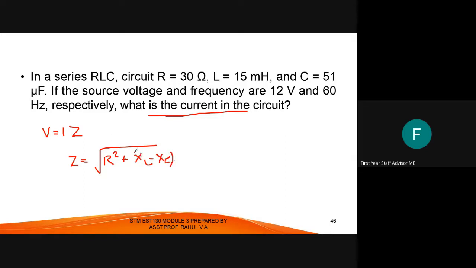ഇനി ആരെങ്കിലും ചോദിച്ചേക്കാം, എങ്ങനെയാണ് നമ്മൾ XL-ഉം XC-യും കണ്ടുപിടിക്കുക? ഇത്രയും ഞാൻ പറഞ്ഞില്ലല്ലോ. അറ്റൻഡൻസ് വരില്ല ഇന്നത്തെ ക്ലാസ്സിൽ.